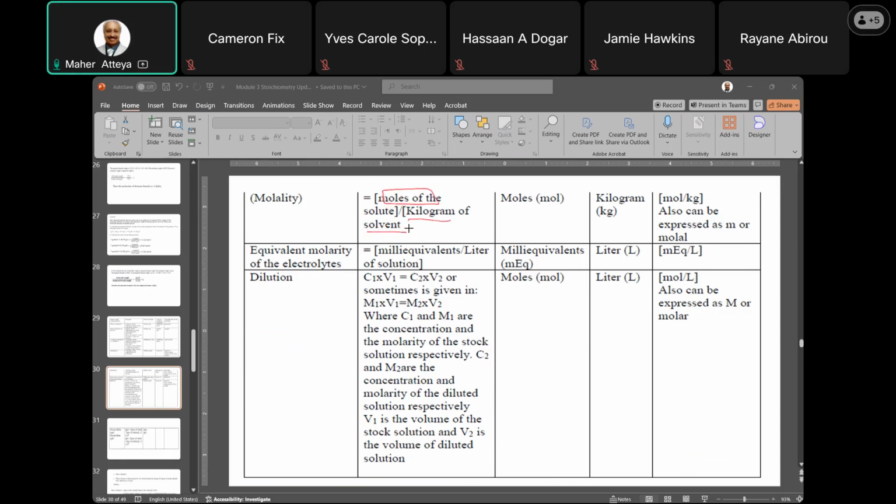That's a unique one. Molality is moles of the solute divided by kilogram of the solvent. Molarity with the R is moles of the solute divided by liter of the solution. So you have to look at this, bring them out, and then you can understand.